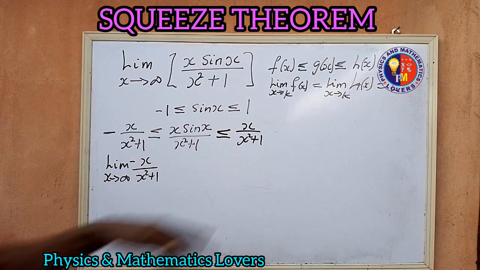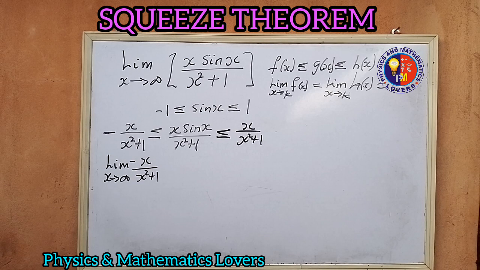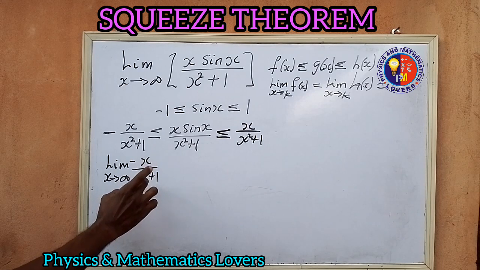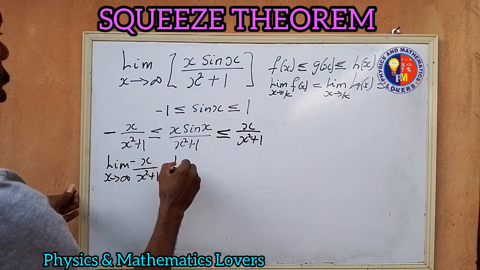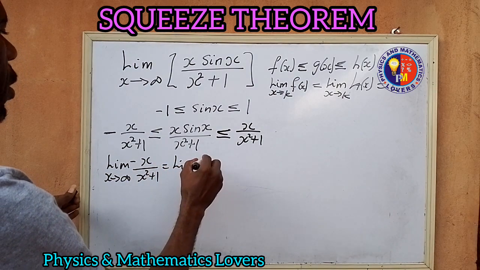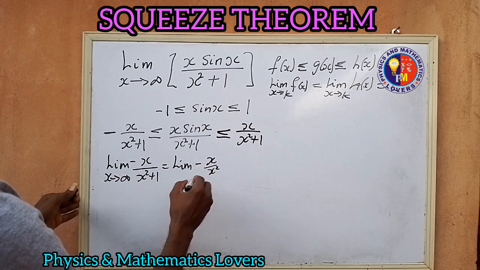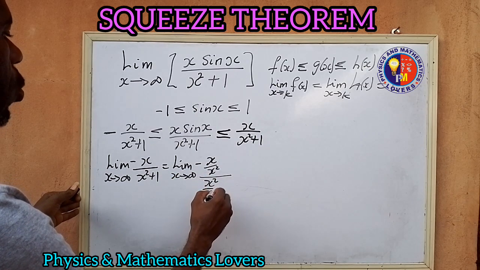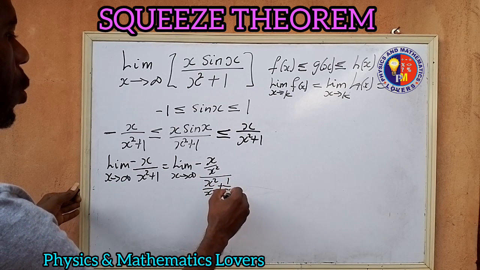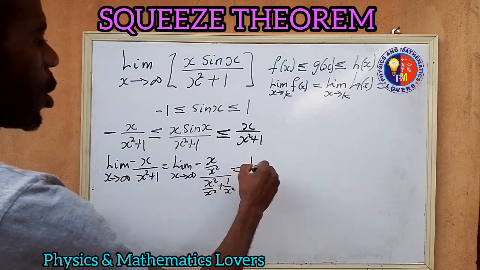If you wish, you can use L'Hôpital's rule, but I don't want to, so let me simplify. I divide the numerator and denominator by x squared, giving minus the limit of x over x squared, all over x squared over x squared plus 1 over x squared.